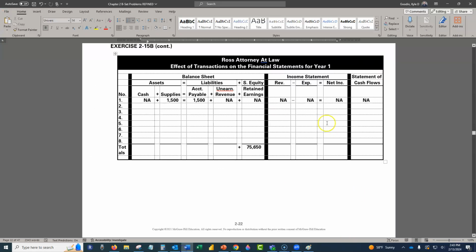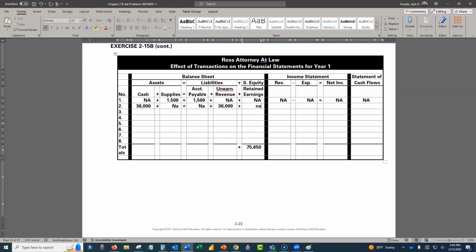We'll go ahead and keep moving here. So number 2, we had $36,000 in cash. That's what they gave us. No supplies, that's not impacted. Accounts payable, not impacted either. But we did impact that unearned revenue account, an increase by $36,000.